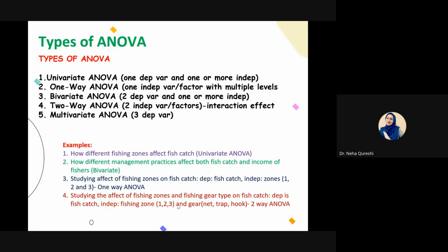Here, as I said, when you have one dependent variable and one or more independent variables, it is a univariate ANOVA. When you have one independent variable factor with multiple levels, it is a one-way ANOVA. But bivariate ANOVA is when you have two dependent variables, and the independent variables can be one or more. Whenever you hear univariate, bivariate and multivariate, we are talking about the levels of the dependent variable.